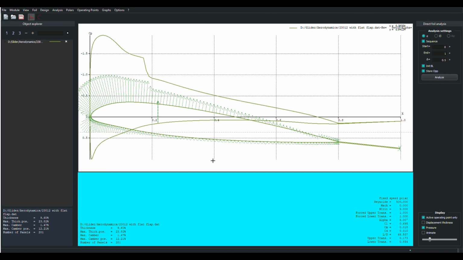Okay, here we are. Here's the NACA 23012 airfoil, which I've scaled down to 80%, right here, 80%, with a flat flap on the back. Very interesting. We see the flow conditions or the pressure distribution is the same as the standard 23012 all the way back to the trailing edge.